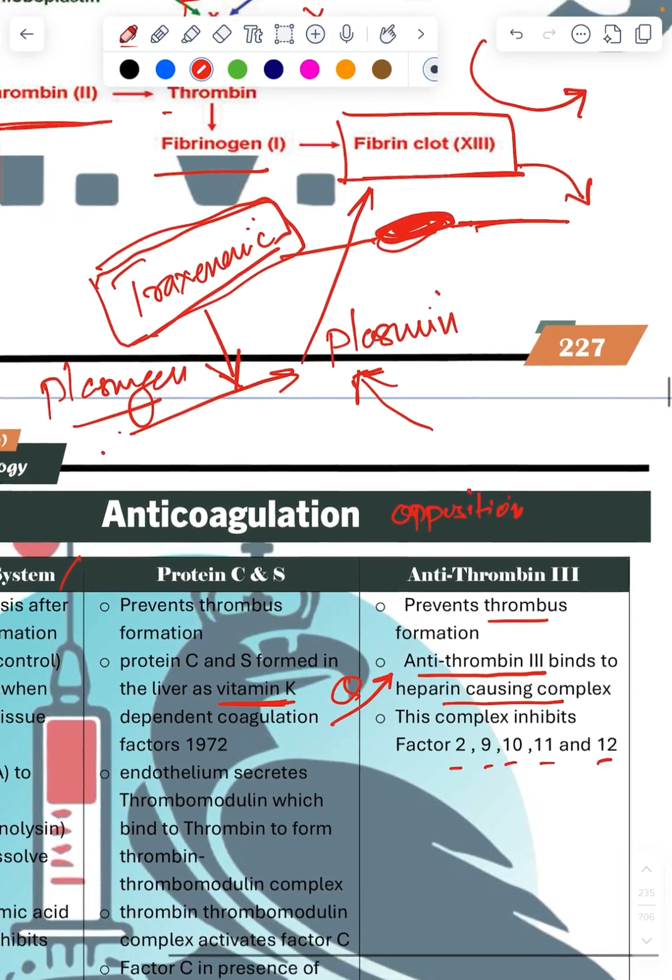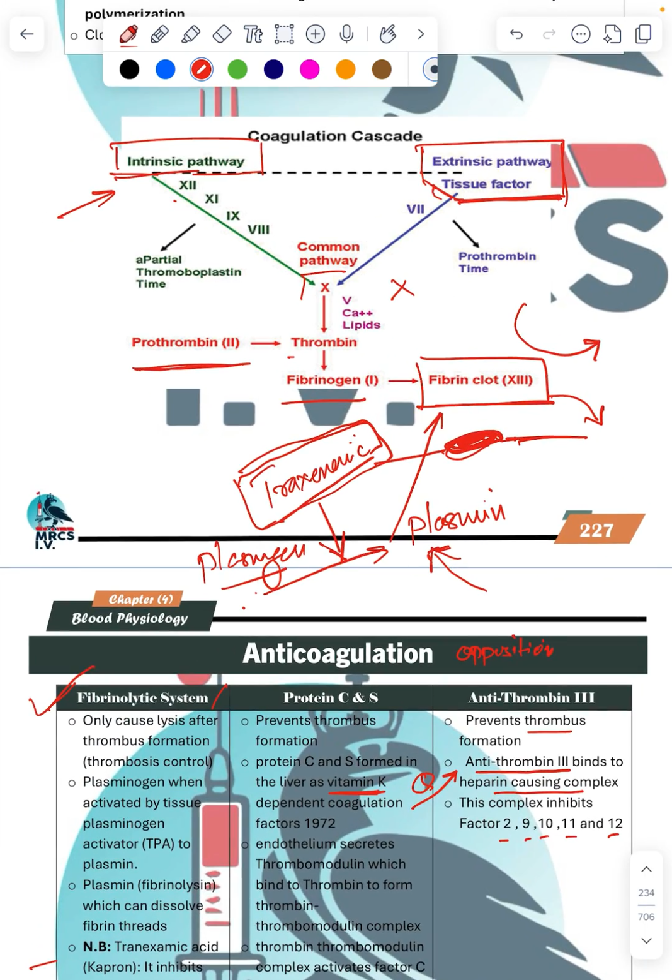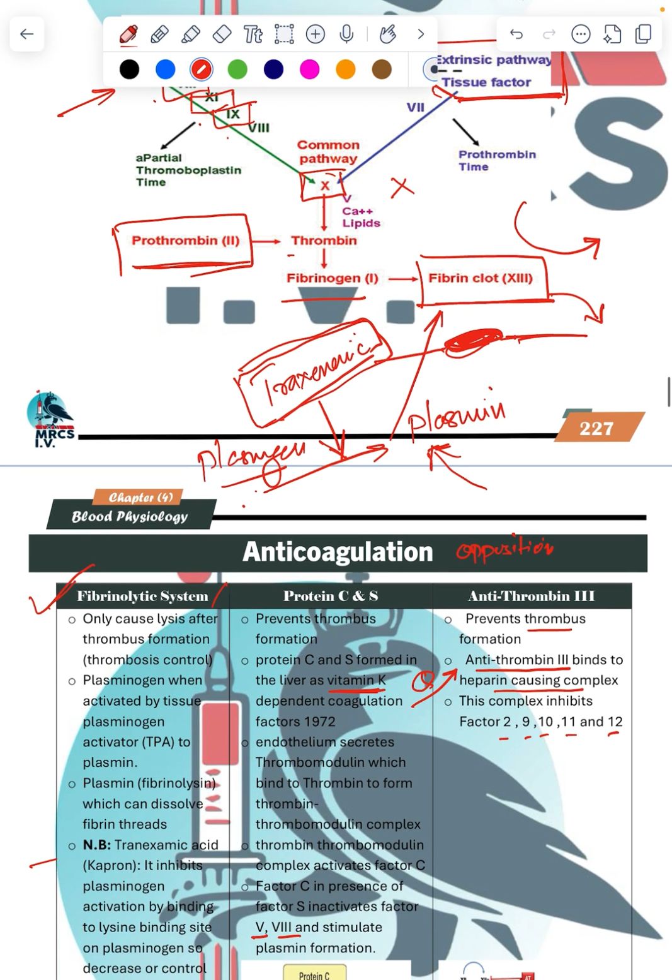So you can see factor 2 is prothrombin, factor 9 is here, 10, this is 11, this is 12. All this intrinsic pathway 1, 2, 3, 4. 4 is a common, this is common. So heparin when given, it acts against all these factors to form blood clot.